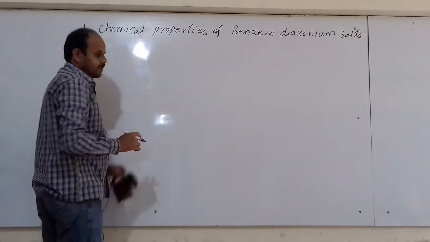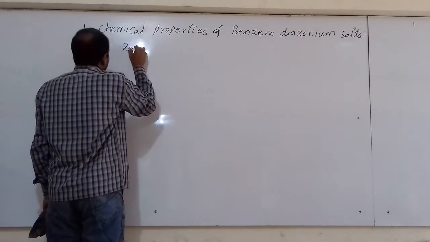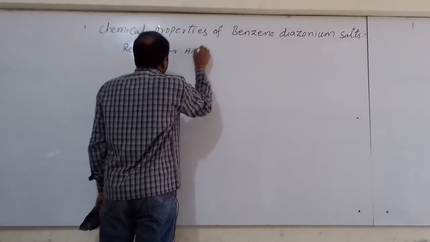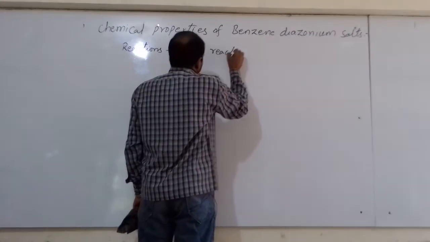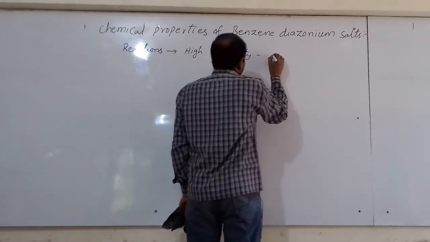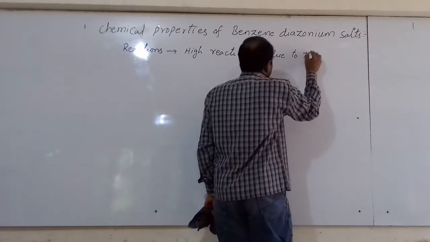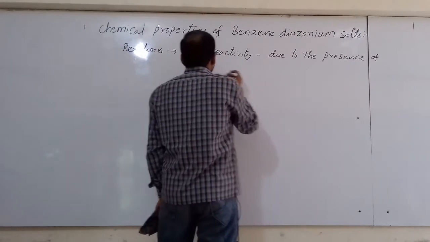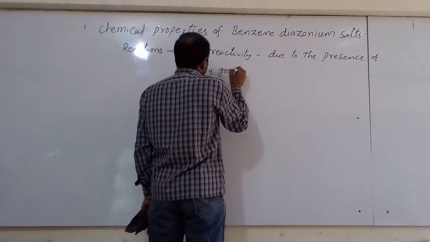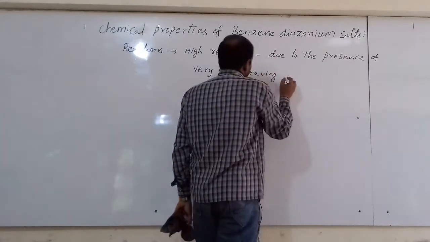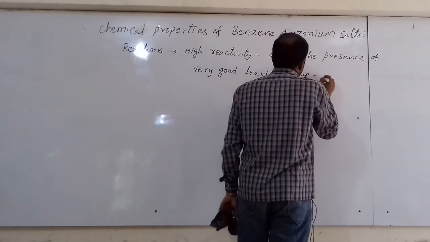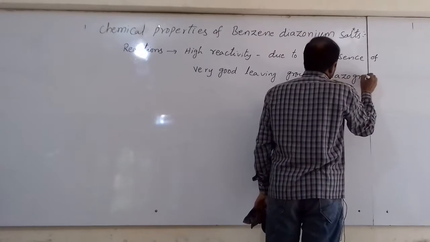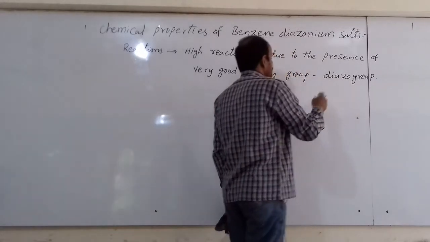Here, reactions of benzene diazonium chloride can be classified into two types. And this benzene diazonium chloride has a high reactivity due to the presence of a very good leaving group, that is the diazo group.